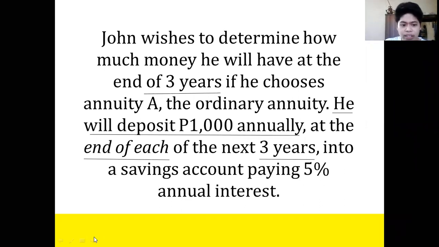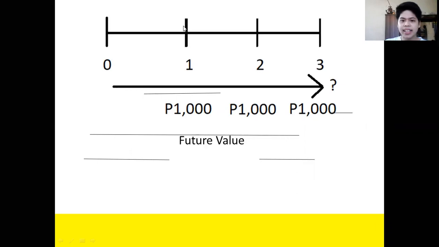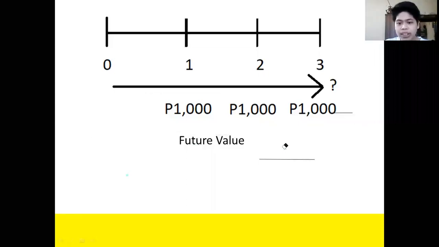Okay? We will illustrate paano ba siya pag magdodrawing tayo ng timeline. Ito ang lalabas. Sa timeline, para siyang ganito. Okay. Number 1, he will deposit 1,000 pesos at the end of the year, every year for 3 years.